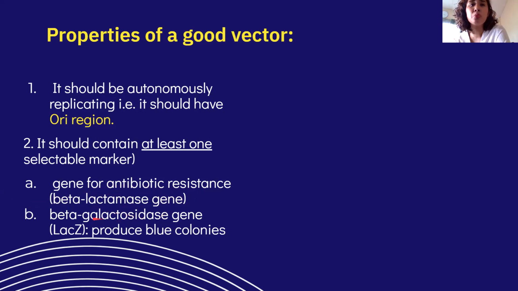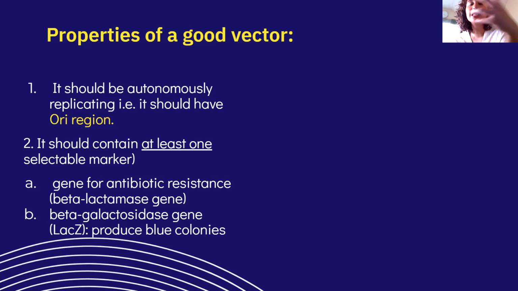Same thing, another one that we learn in plasmid isolation. If the plasmid has beta-galactosidase gene, also called LacZ, so in the presence of X-gal in the plate, it should produce blue colonies.